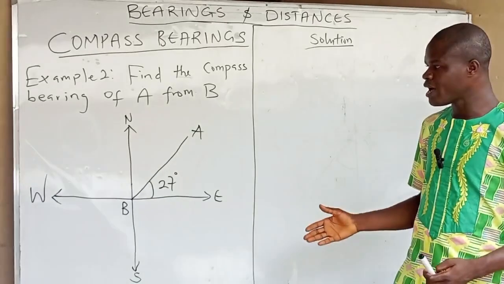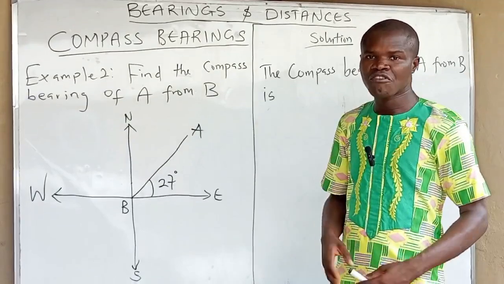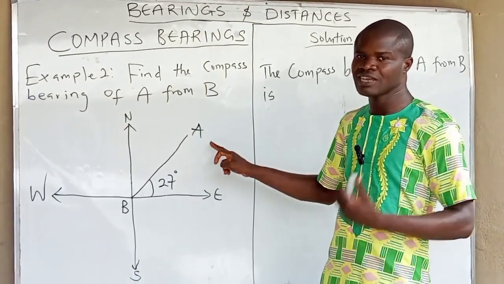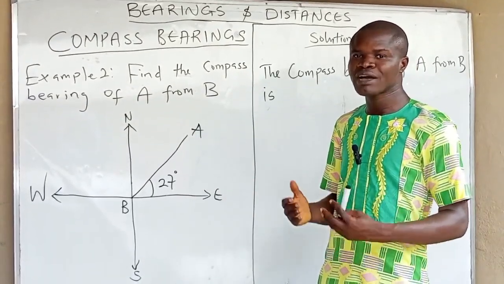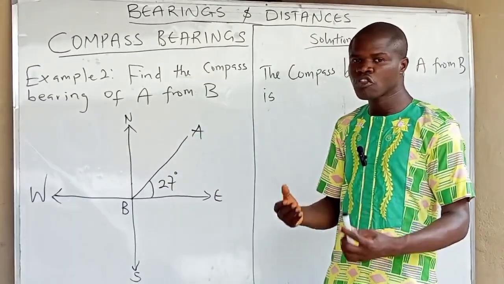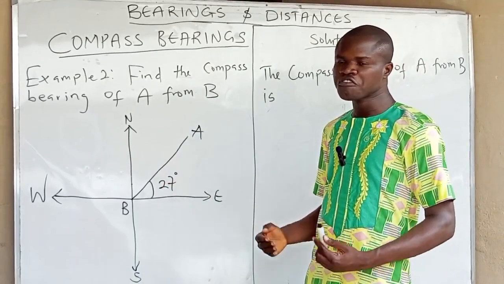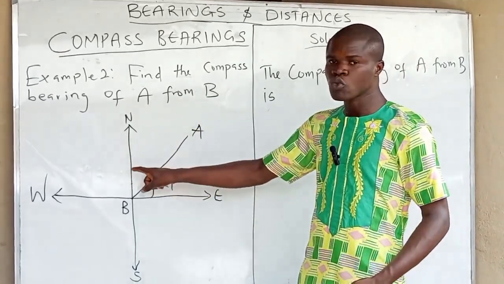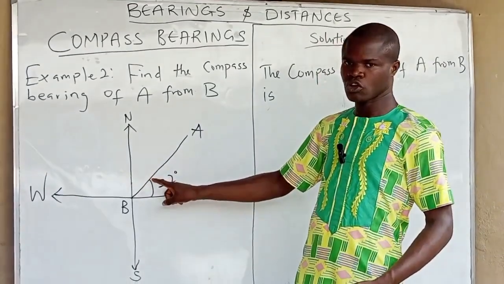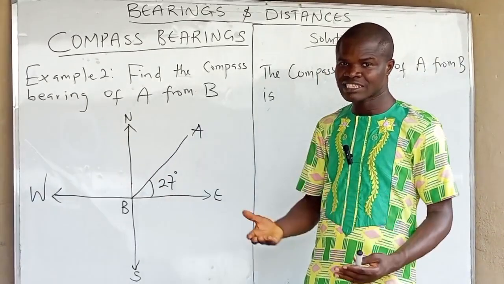Okay, in example 2, we're asked to find the compass bearing of A from B. Remember, for an object in the northeast direction, our compass bearing must be taken from the north towards the object. But they have given us the angle between the object and the east. So we must find the angle between the northward direction and the object. Of course, from the north to the east is 90 degrees.